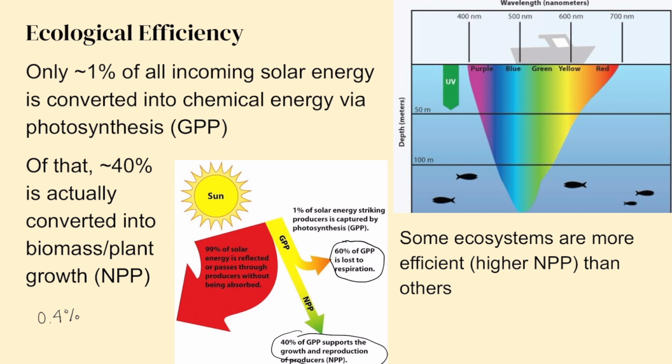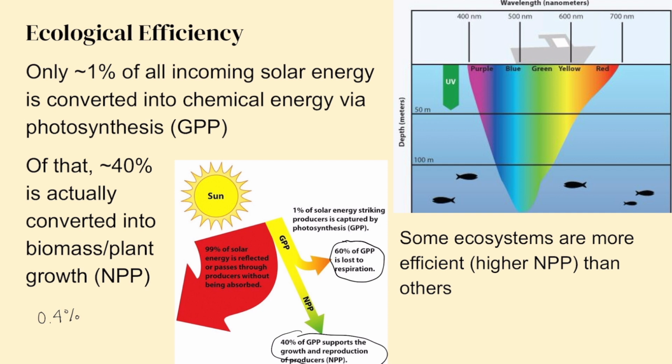Some ecosystems are more efficient and have a higher NPP than others, and some are very inefficient. Aquatic ecosystems, for example, like the open ocean, are very inefficient because certain wavelengths of light cannot even pass through the water, so producers have no access to them.